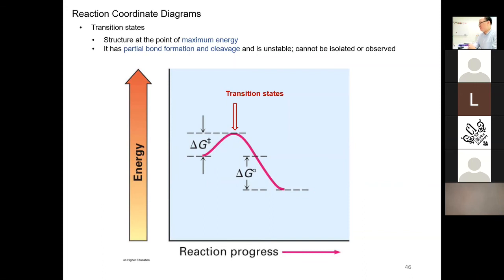This really annoys a lot of people, because a transition state by definition cannot be isolated. It's a very transient state of a molecule, so it basically cannot be seen or isolated. You can say you can isolate the intermediate, but you cannot say you can isolate the transition state, because by definition it cannot be isolated.